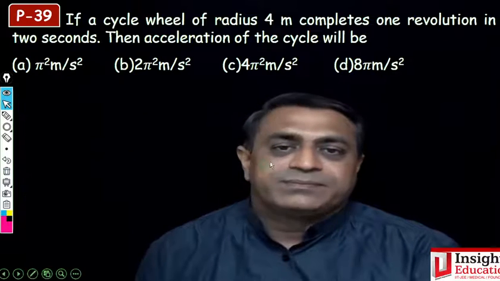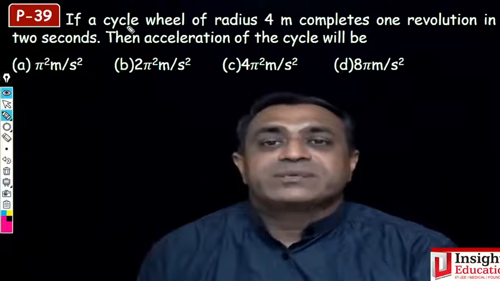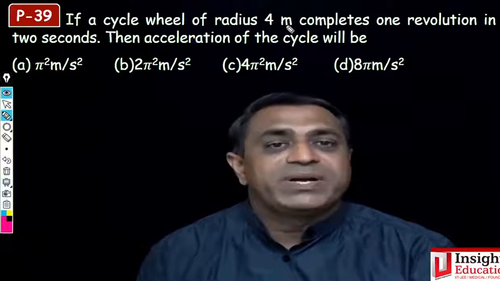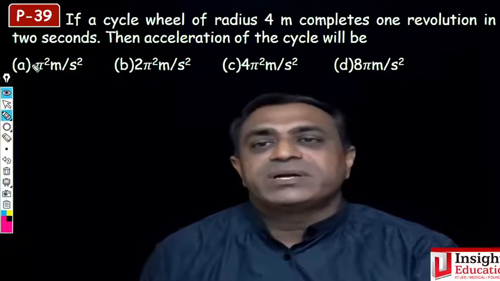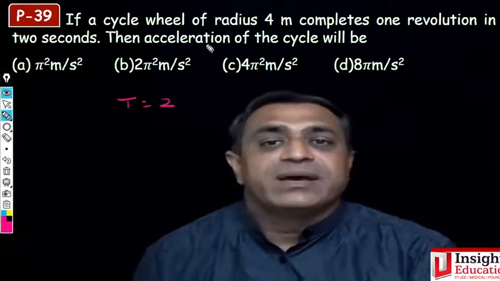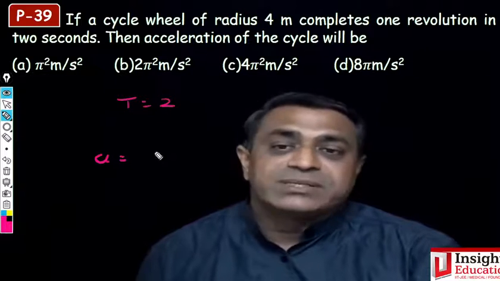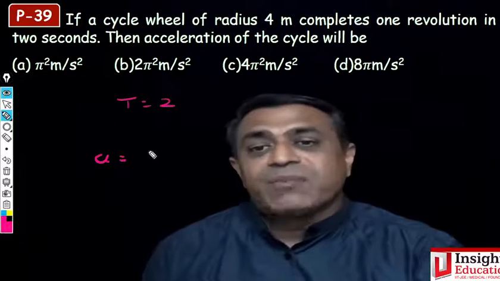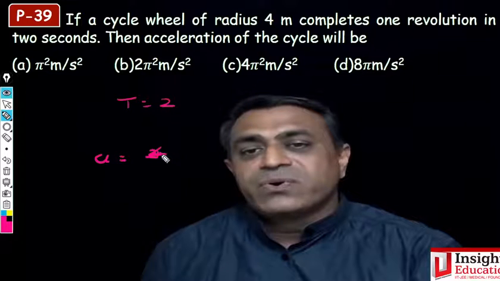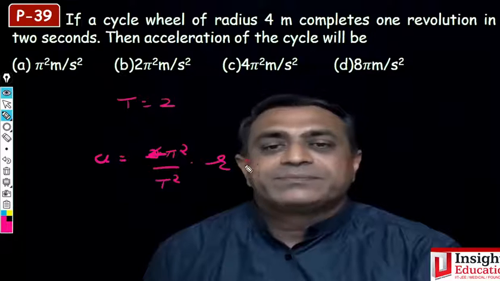Let us solve a few examples. If a cycle wheel of radius 4 meter completes one revolution in 2 seconds, so time period t is equal to 2 seconds, then find the acceleration. Acceleration is omega square r, that is 4 pi square by t square into r.